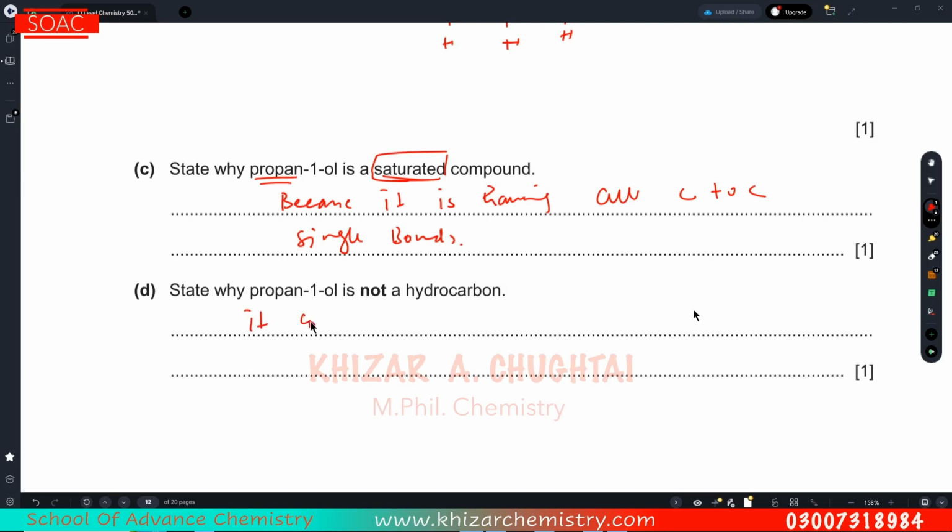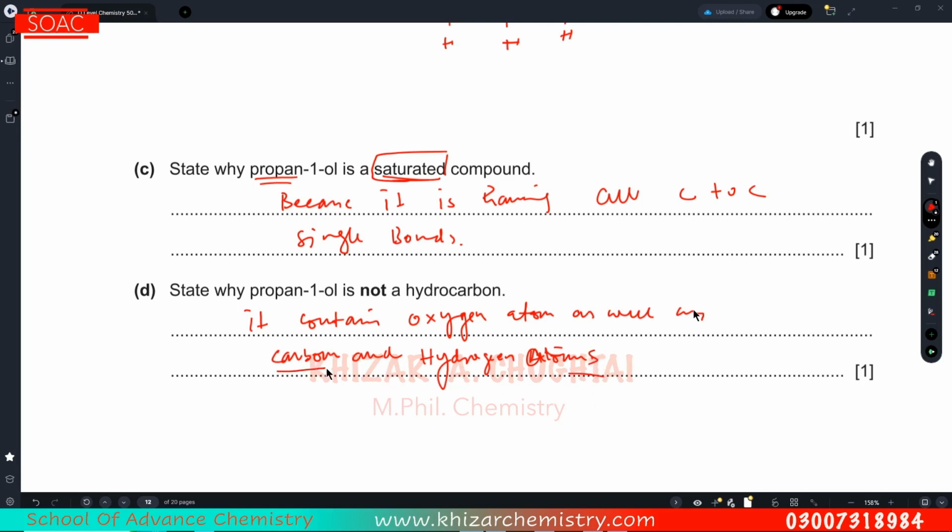It contains oxygen atoms as well as carbon and hydrogen atoms.